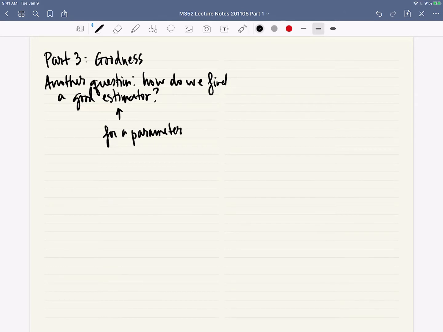So I'm going to talk about maximum likelihood estimates. So what's a way we can choose an estimate that maximizes our likelihood that it's a good estimator? So here's an example based on something the book does, and I'm going to make it slightly different.